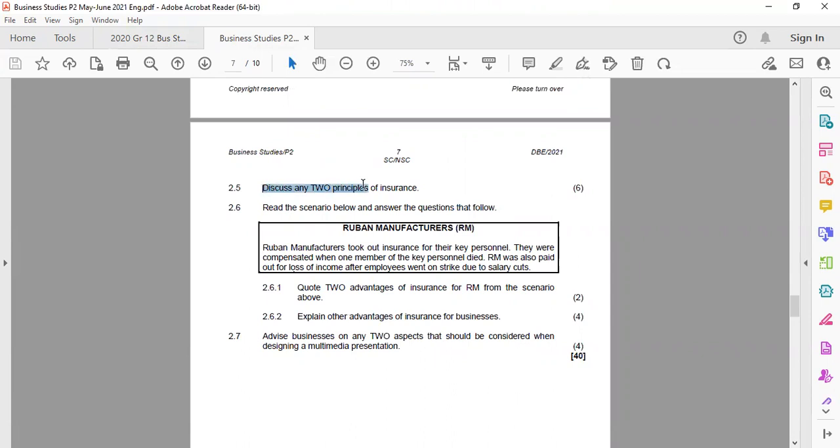Look, see there. There's another question you can look at. Discuss any 2 principles of insurance. What are the principles of insurance? Utmost good faith, we spoke about. The information that you provide to the insurance company must be of honest and good intent, so that they don't refuse to pay out when you claim. That's the first thing. And then insurable interest.